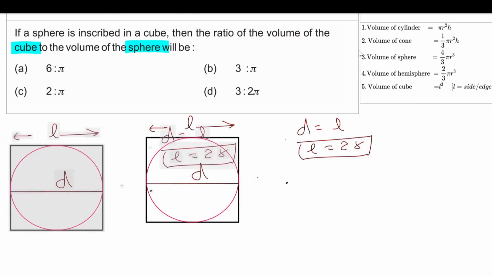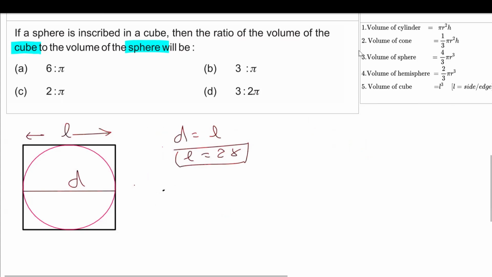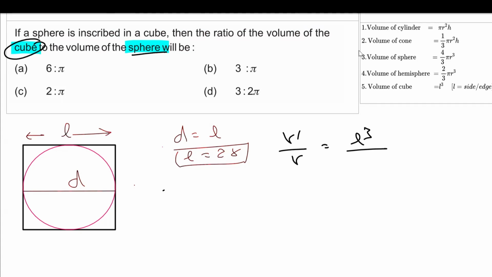To find the ratio, let's say V dash over V. I take V dash as the volume of the cube, which is L cube. And V is the volume of a sphere, which is 4 over 3 pi r cube.